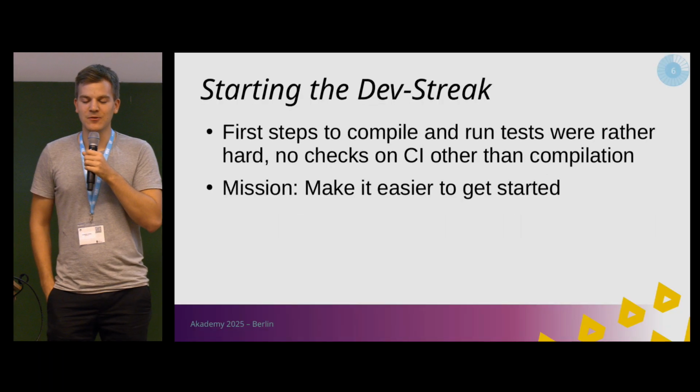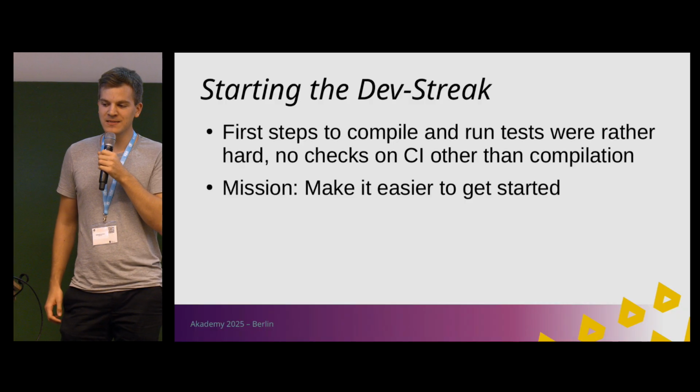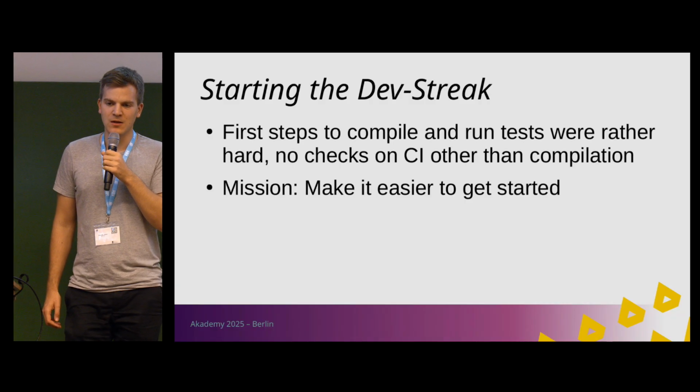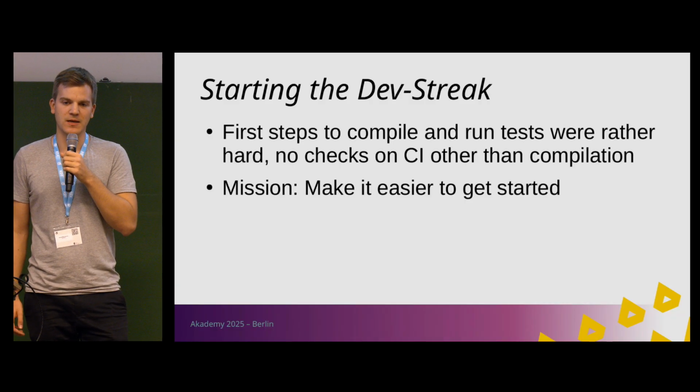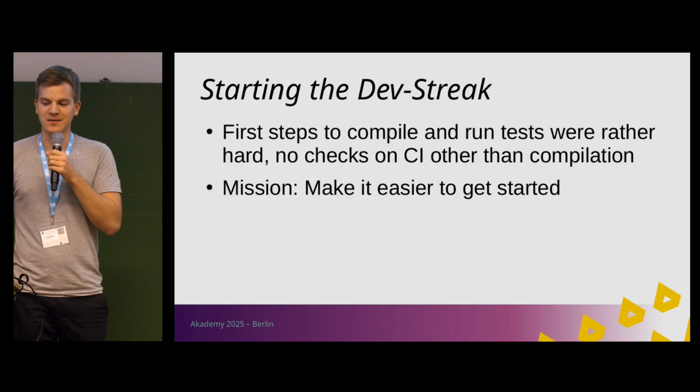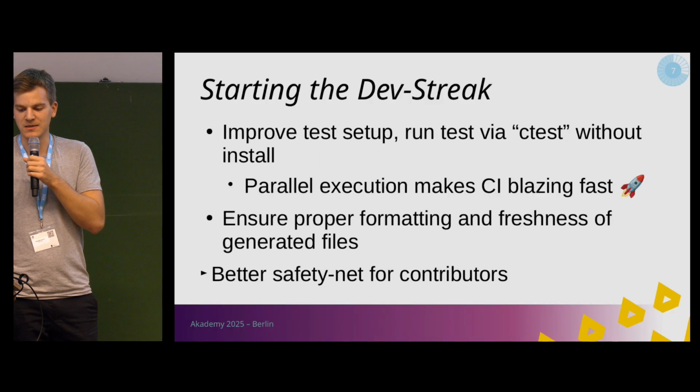So starting out with my development streak in Clazy, the first steps to work on Clazy and get everything running were quite hard, and we also had no real CI coverage except that the stuff compiles. So my first mission was to make contributing to it easier.